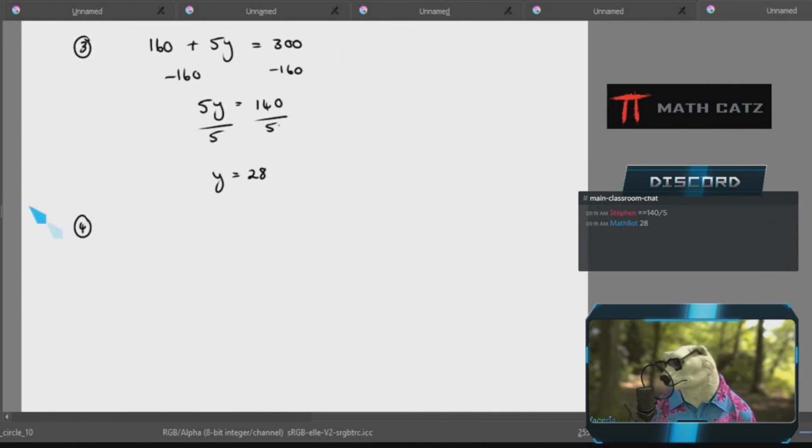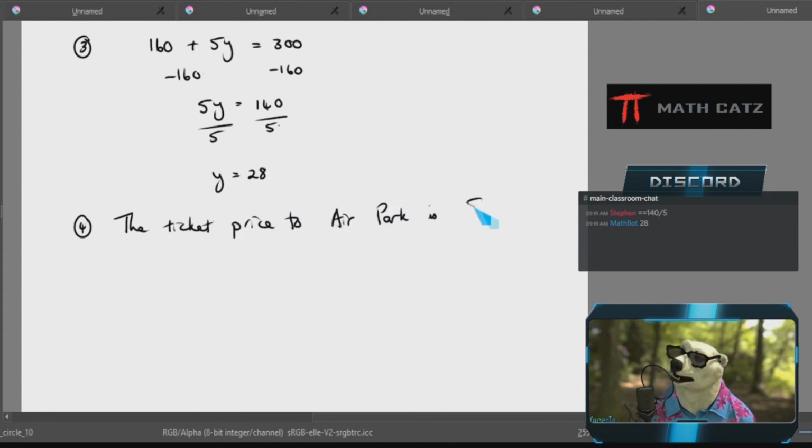I just need to say it in complete English. Everything's one day, so I'll drop the one day. The ticket price to Air Park is $28.